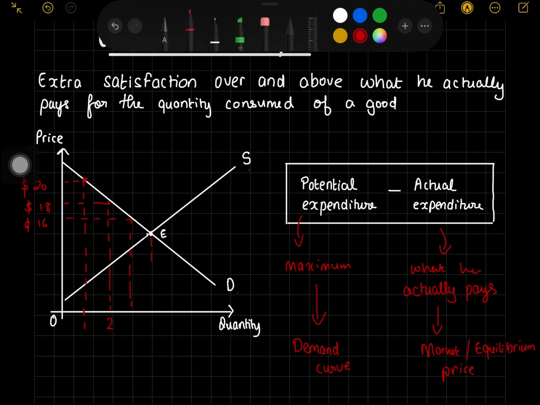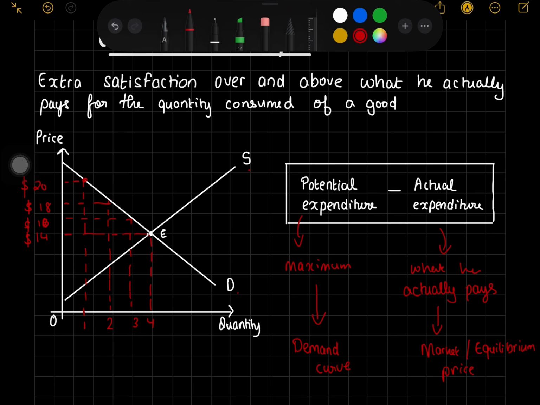And finally, for the fourth, $14. So as you can see, for the first unit, he is willing to pay $20 and so on.